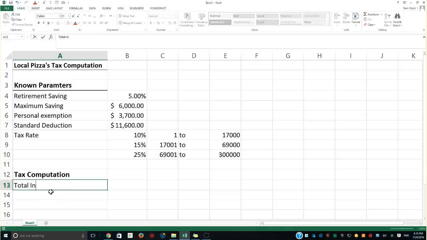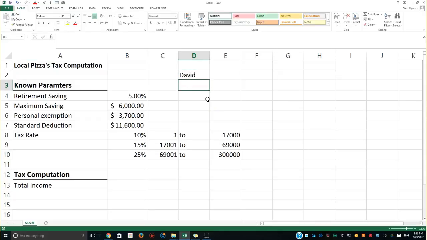Say we have David, for example, and her name is Mary. That's their income here, so I'm going to put their income right here.